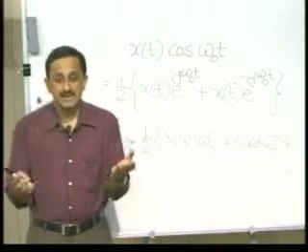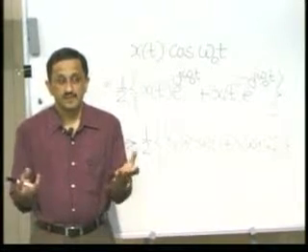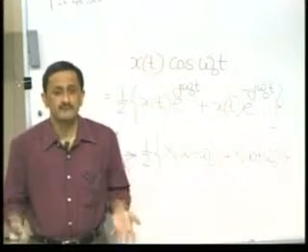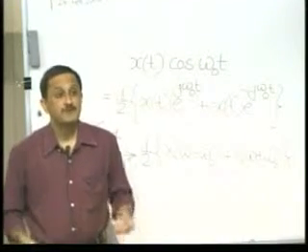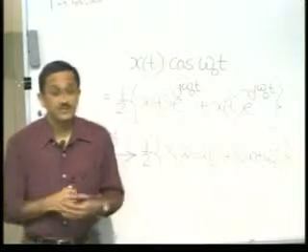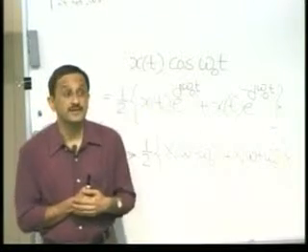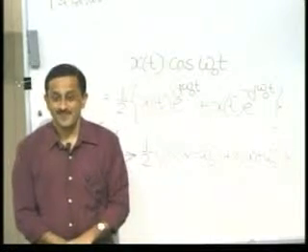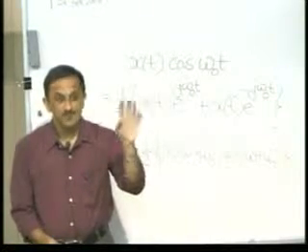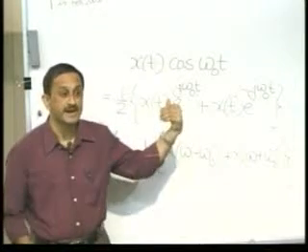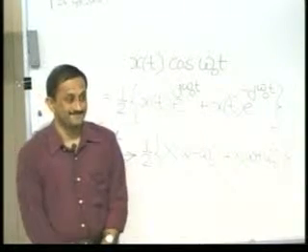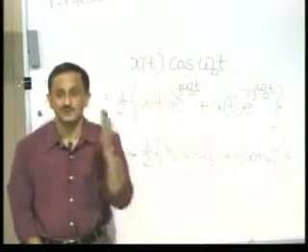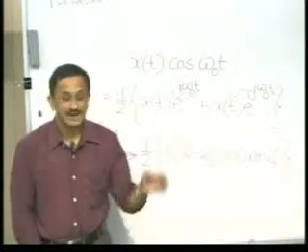When we multiply x(t) by a cos function, cos omega naught t, and when would we do it practically? We would do it to transmit. When you switch on an amplitude modulated radio, AM radio, that's exactly what they're doing. So at the transmitter end, the music that you hear is actually being multiplied by a cos omega naught t, with an appropriately chosen point t equal to 0.